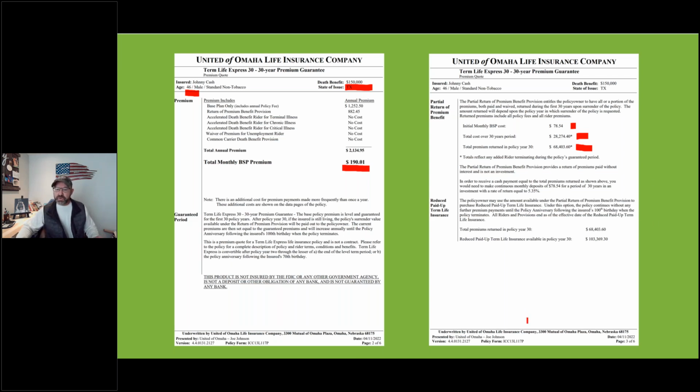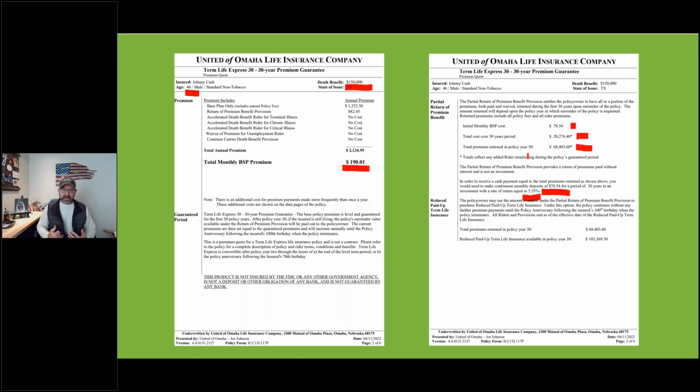In fact, it shows you here that the client, in order to get the same performance, and I love this, would need to deposit every month into an account $78 a month at an annual rate of return of 5.35% in order to get that accumulation. Okay. Wow.